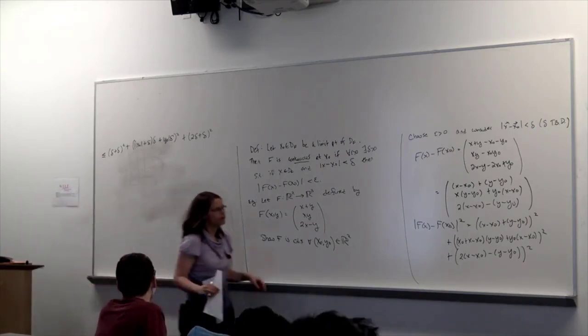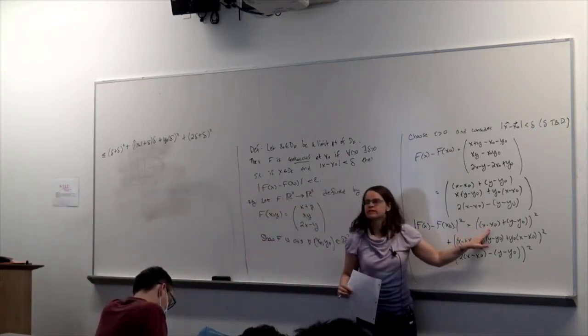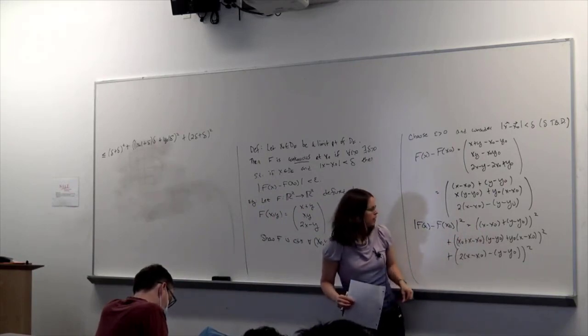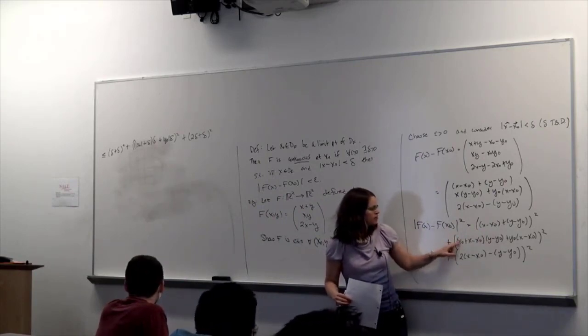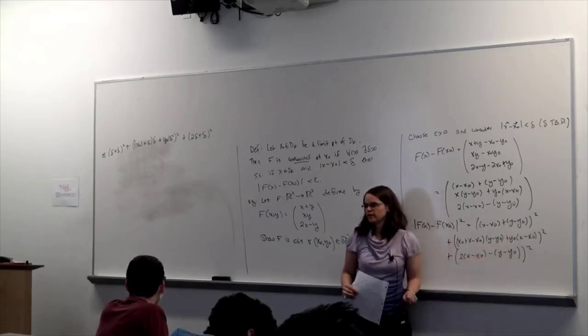All right, so what have I done here? Everywhere I see an x minus x naught, I just say it's less than delta in magnitude. Everywhere I see an x naught or a y naught, I bound it by its absolute value.